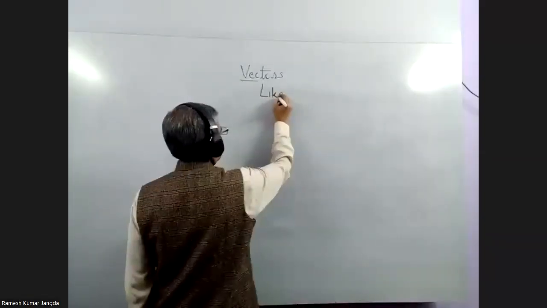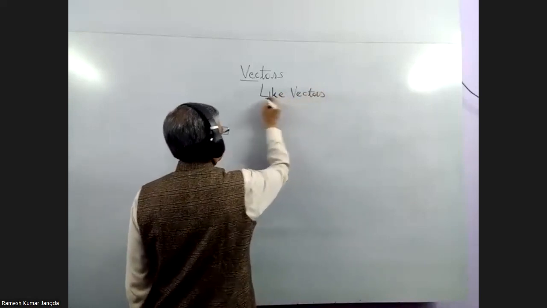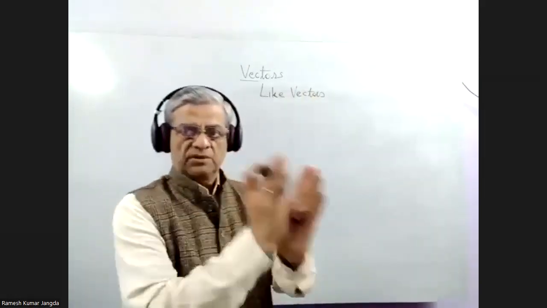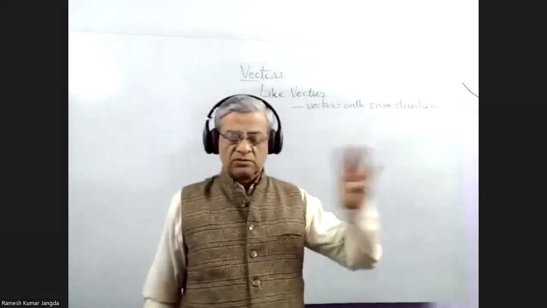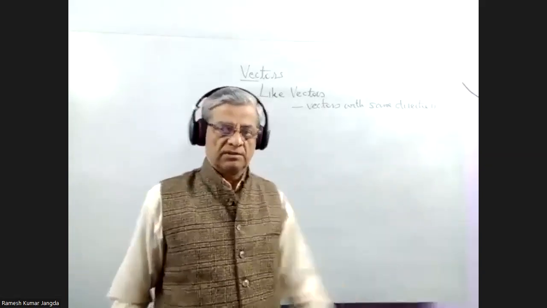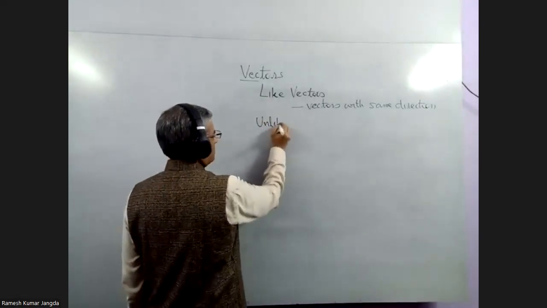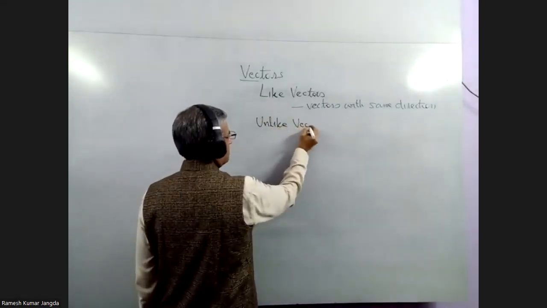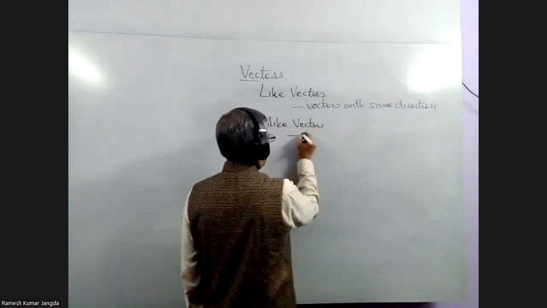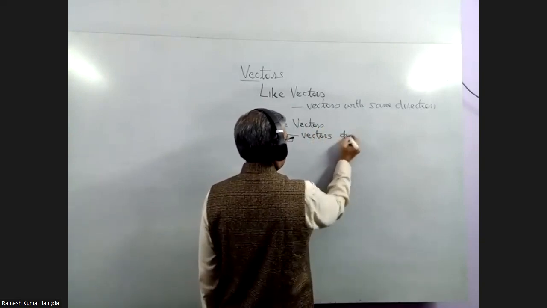Like vectors. Like vectors means vectors having the same direction. All vectors which are having the same direction are called like vectors. And unlike vectors are vectors opposite in direction.